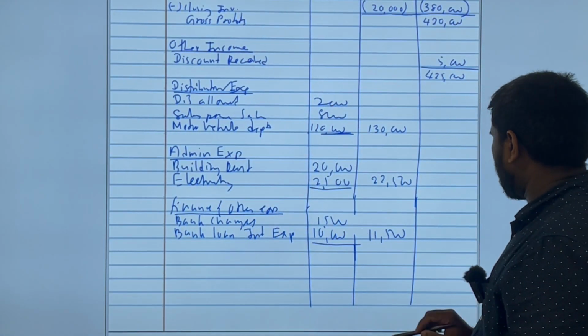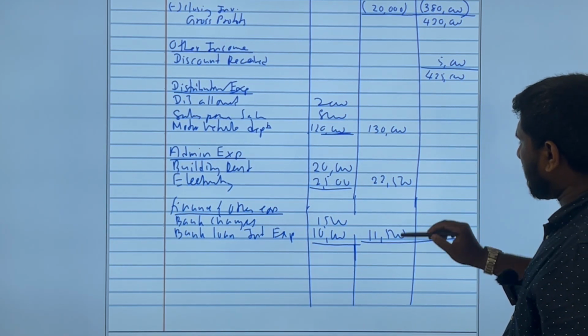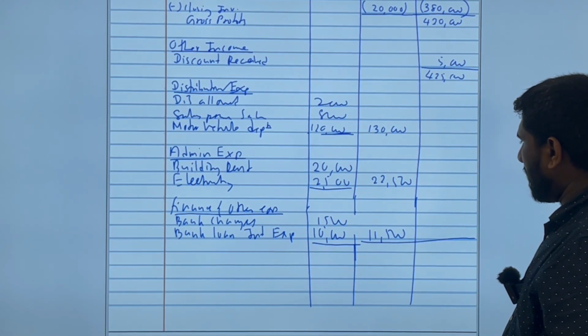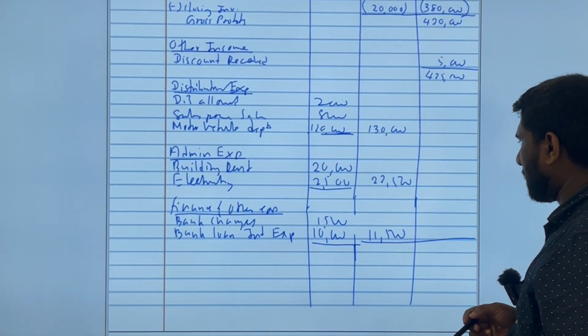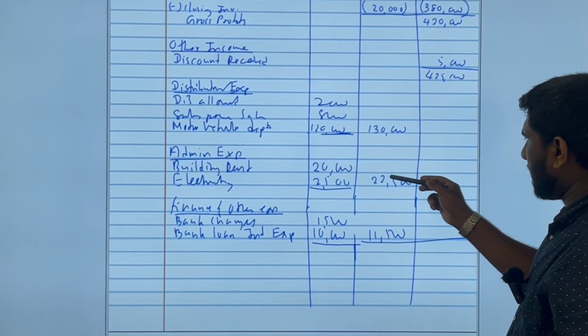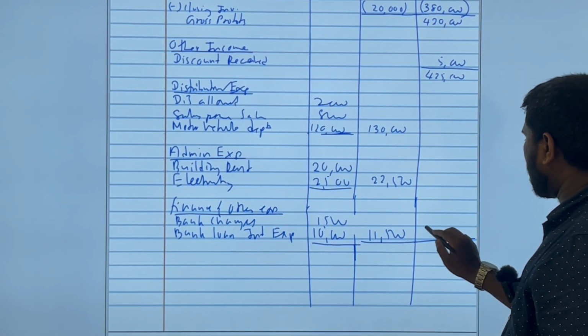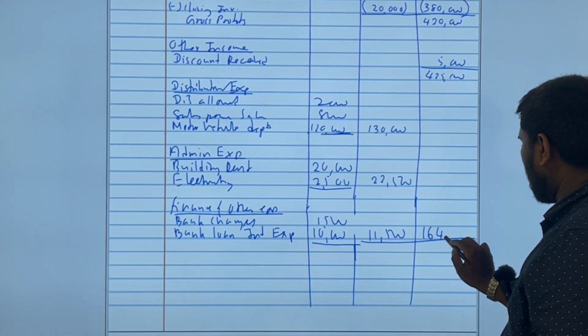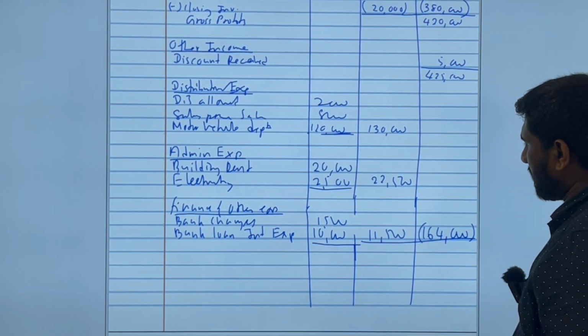What's the total expenses that you are getting? 130,000, 22,500 plus 11,500, then 33,000, 34,000, 164,000 is the expense.